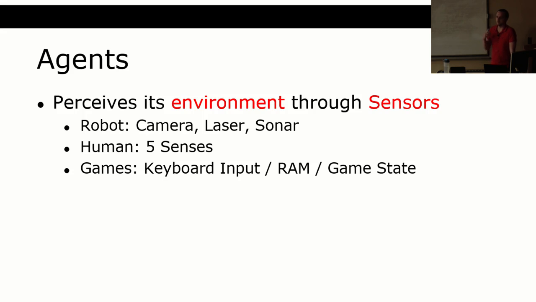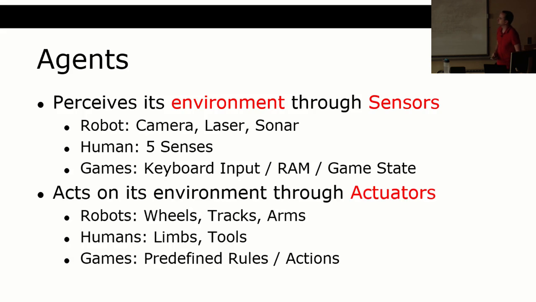So if we're making a chess playing algorithm, we probably don't need an actual chessboard with a camera and a robotic arm, right? We would just program the game, and then the agent could read directly from RAM. It could just read the game state without having any camera or laser or anything like that. So when we use games, most of the time, we're talking about just reading the game state directly from RAM.